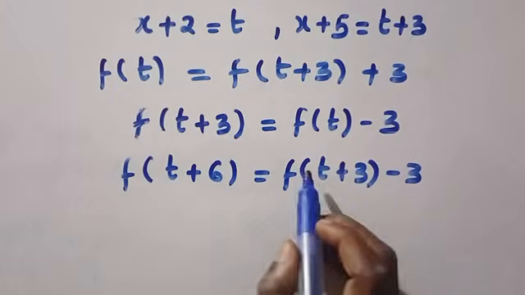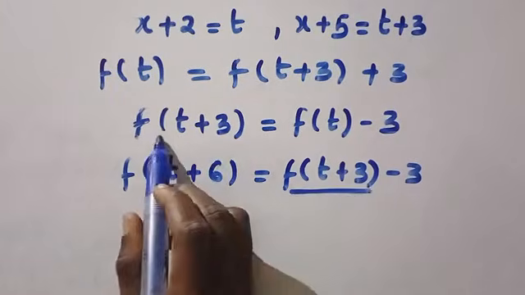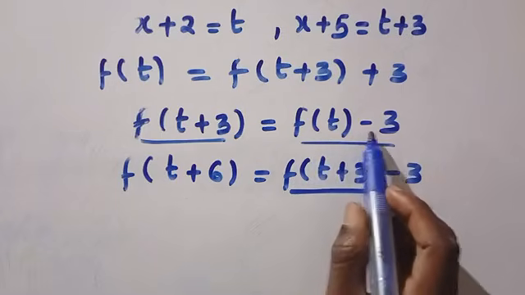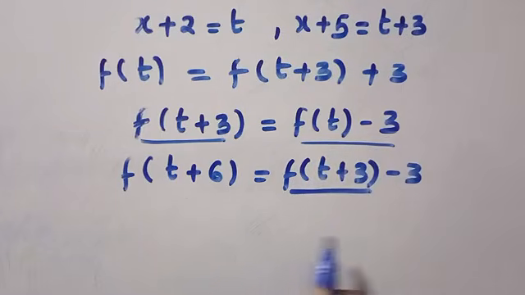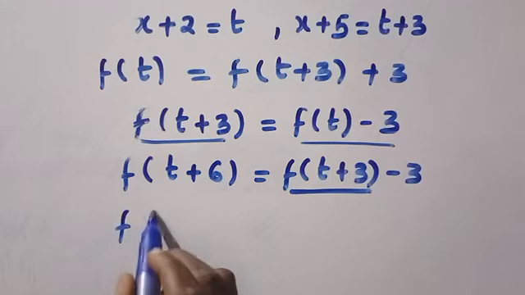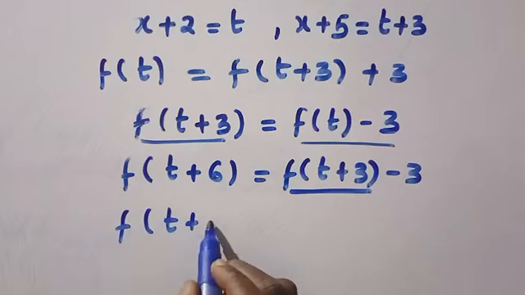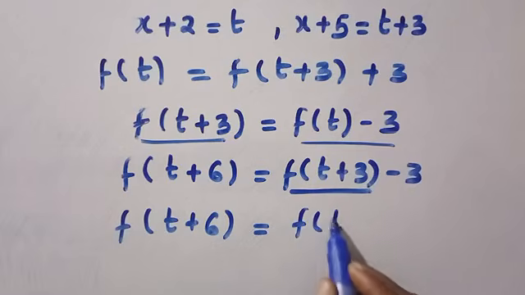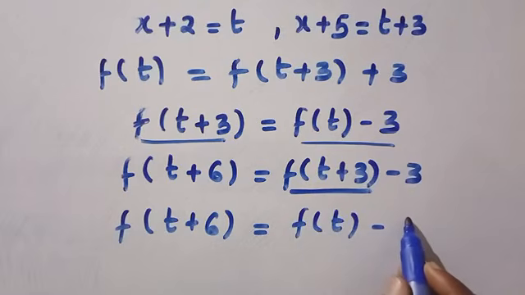And f of t plus 3 is given as f of t minus 3. So by replacing it, we have f of t plus 6 equals f of t minus 6.